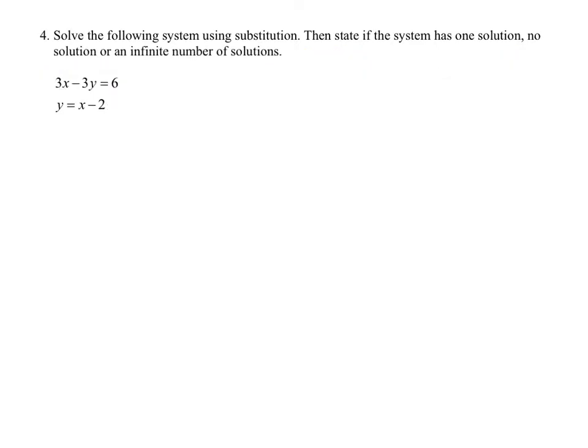Now, this next example is really kind of cool because the second equation is already solved in terms of x. y is in terms of x. So we're going to plug it in. Distribute, being super careful.